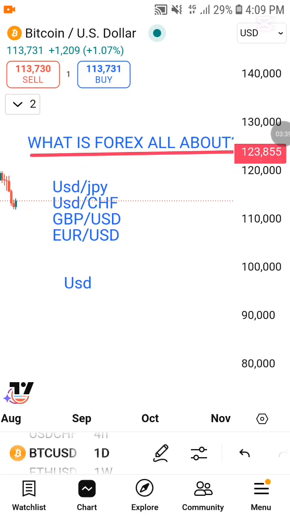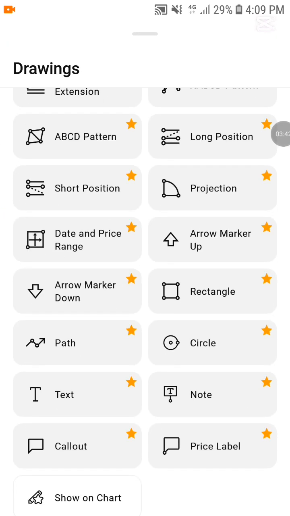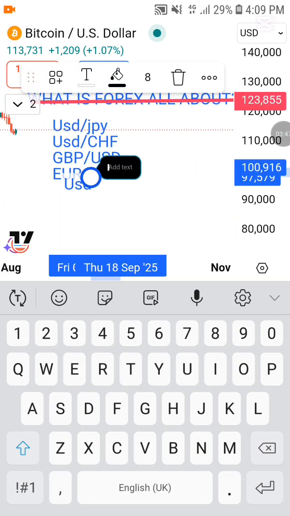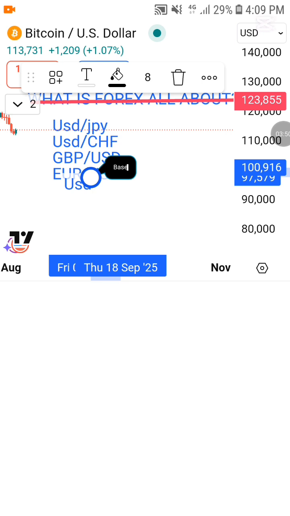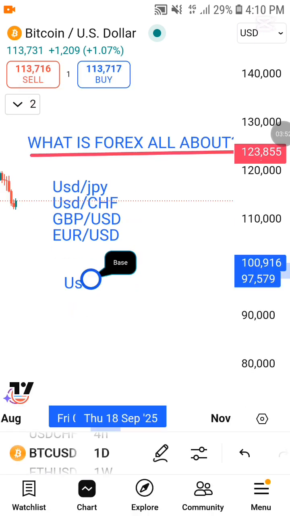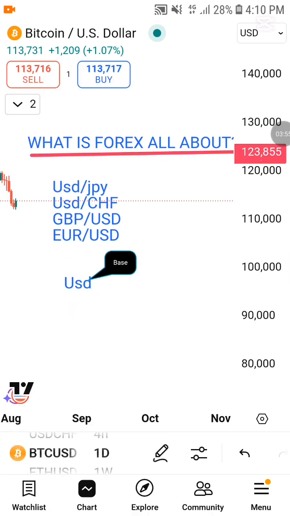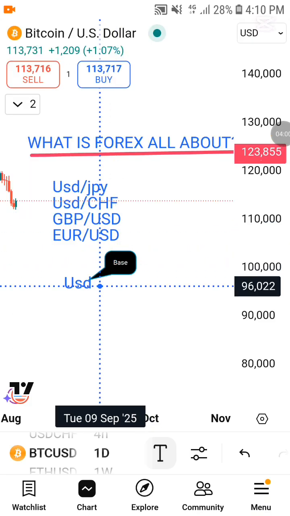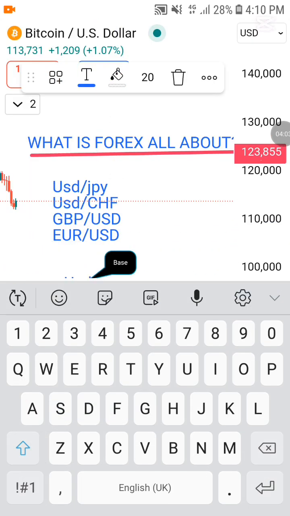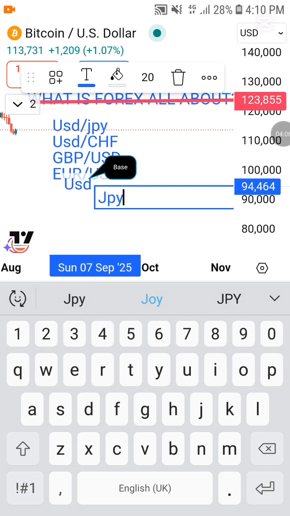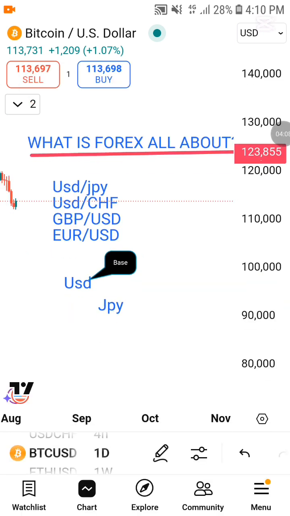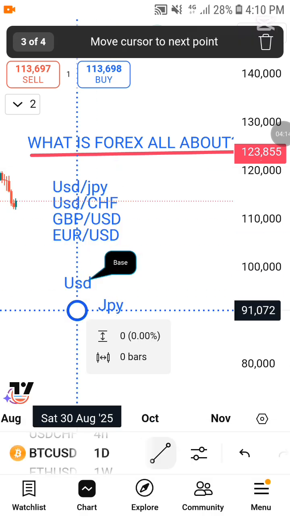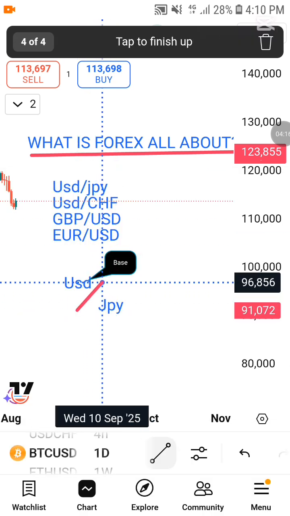Let's say USD is the base currency, and JPY is the quote currency.